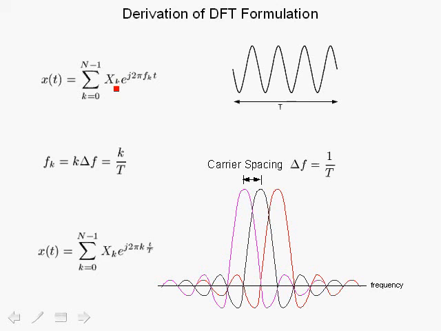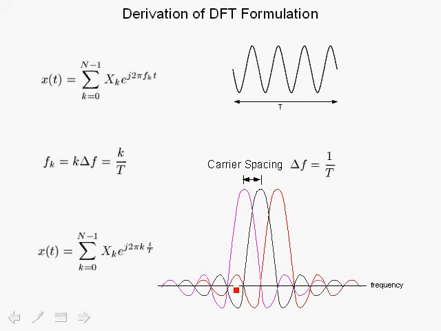Now recall that x of k itself was a time-limited window function of duration T of a particular carrier, and each subcarrier in this case was a frequency which was a multiple of the carrier spacing.